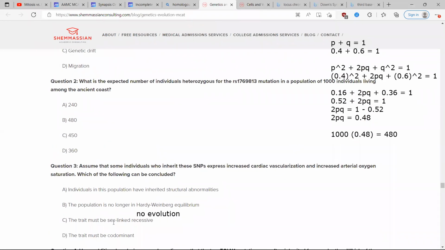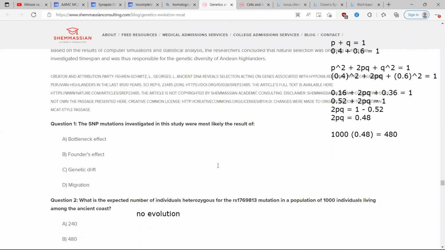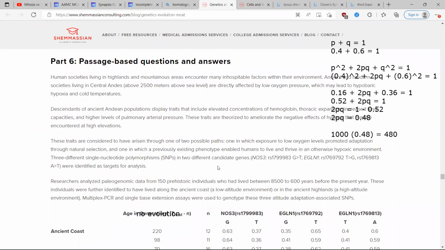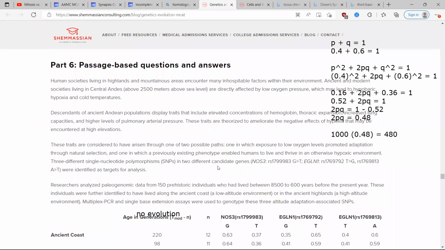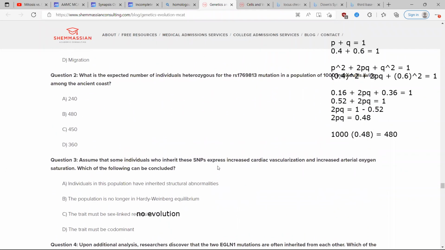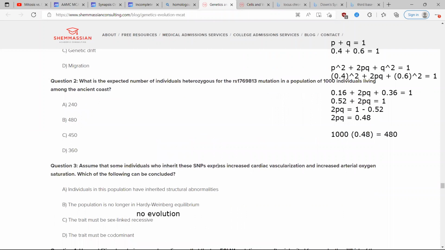The trait must be sex-linked recessive. No, they didn't say anything about that at all. There's nothing about that, so I can't say either way. The trait must be co-dominant. Okay, interesting. Can the trait be co-dominant?